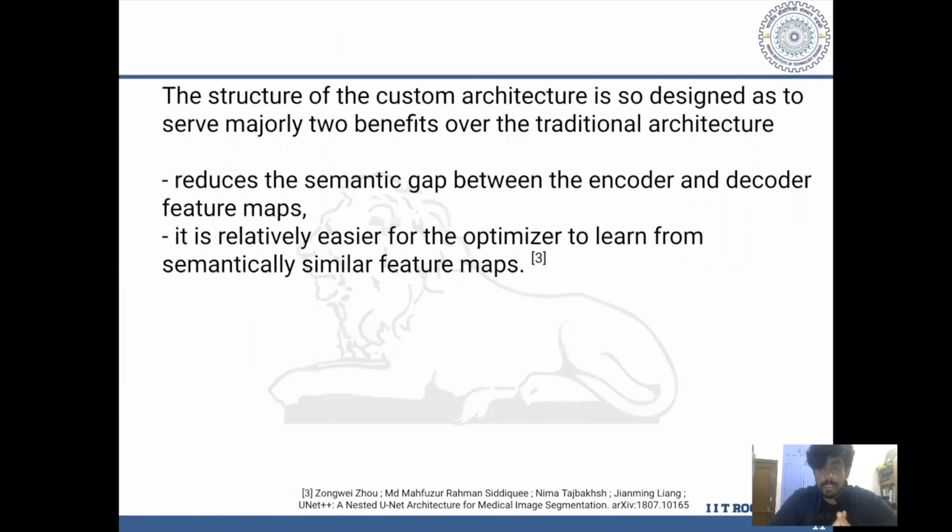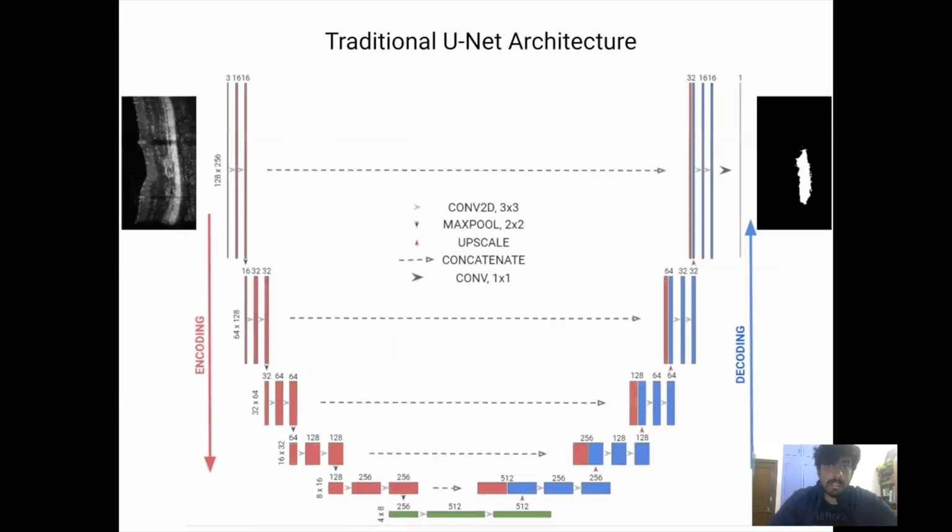So the first reason is that it reduces the semantic gap between the encoder and decoder feature maps. What I mean by this is, as you can see in the traditional U-Net architecture, the distance between the encoding matrix and the subsequent decoding matrix is too large, right? And it's large throughout.